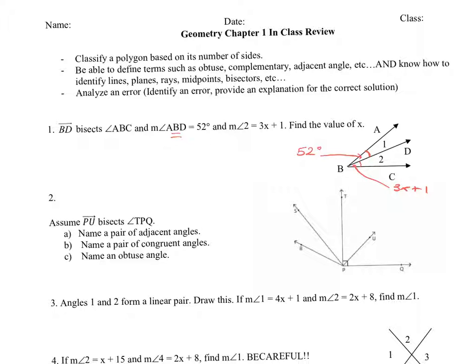I'll have to set them equal to each other and solve. So when I do that, I say 3x plus 1 equals 52. And then, of course, subtract 1 on either side. 3x equals 51. Divide by 3. And divide by 3. And x equals 17.